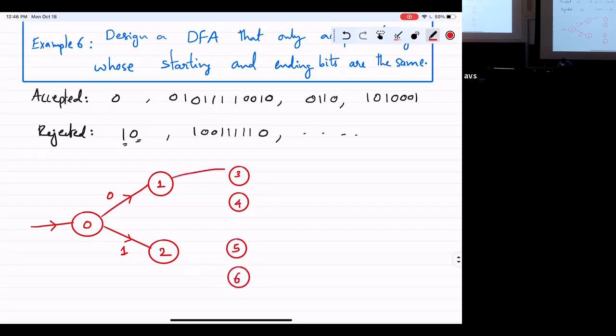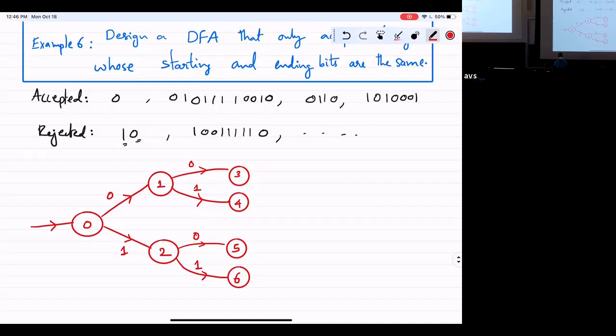So the last step is to add edges between 3 and 4, and 4, 5, and 6. But just to explain, state 1 is where you end up if you start with a 0, and state 2 is where you end up if you start with a 1.